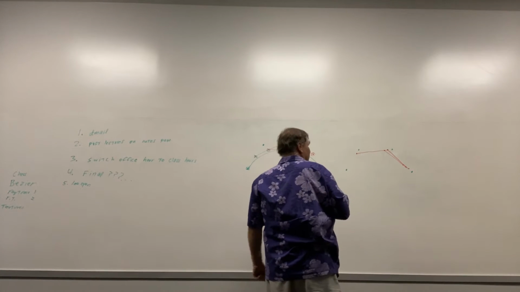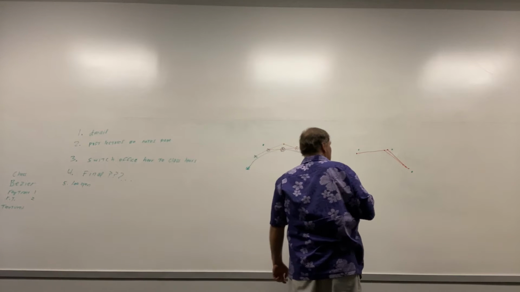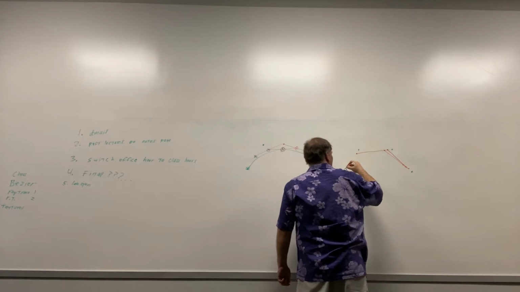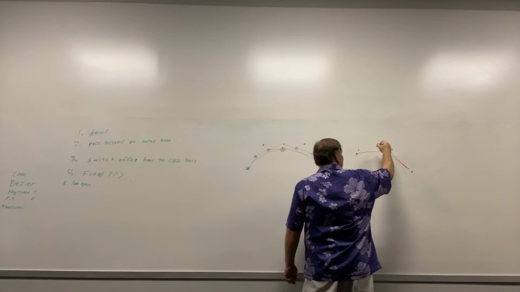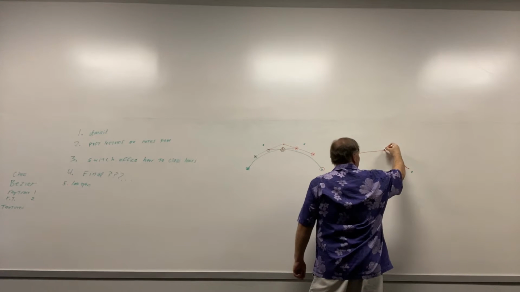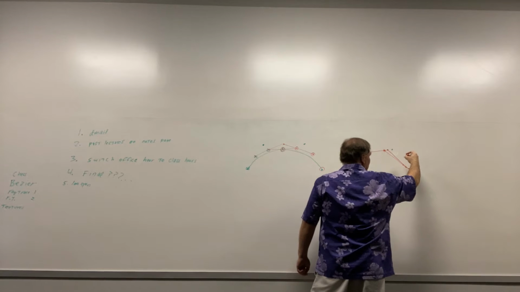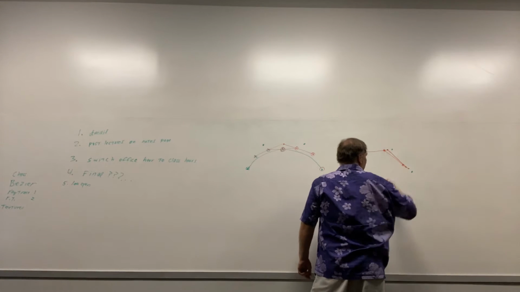And then the 2 new Bézier curves are this point, this point, and this point for the first curve.